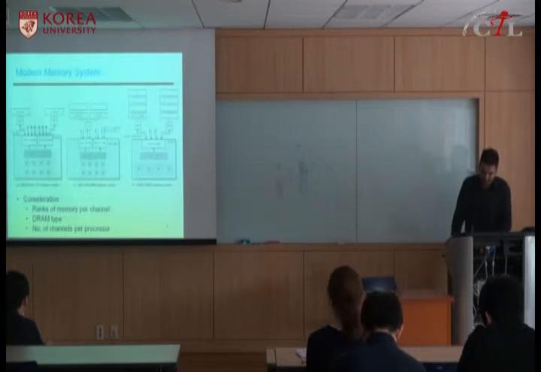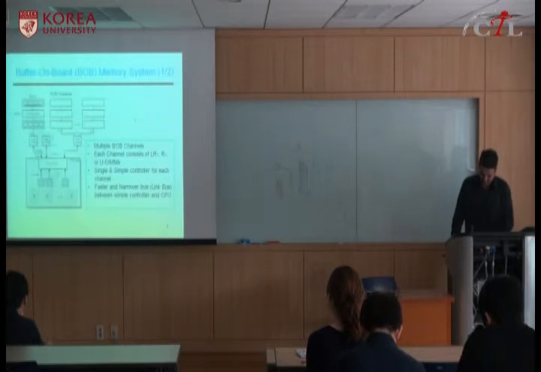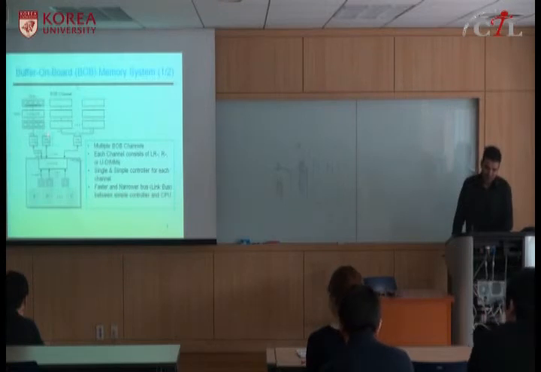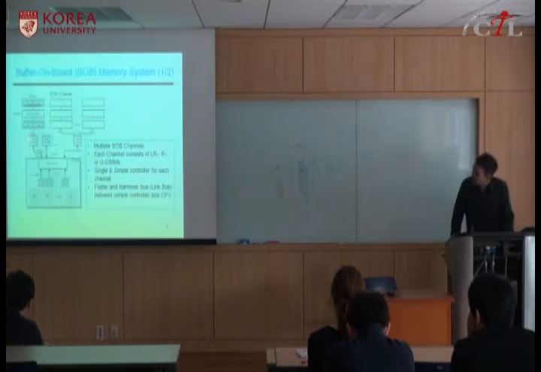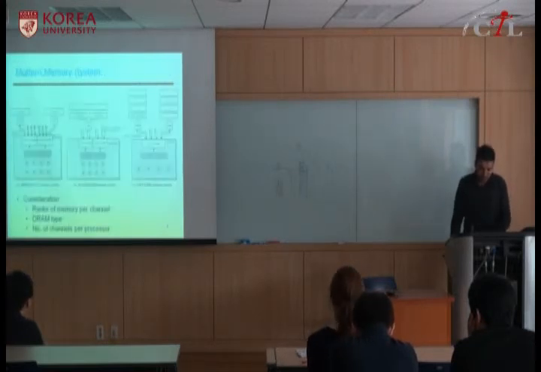This is a single channel, and the author said this is a single channel, but he renamed it buffer on board. This one is a single controller connected to multiple channels, but this one has only a single channel. So that means he combined this and this.